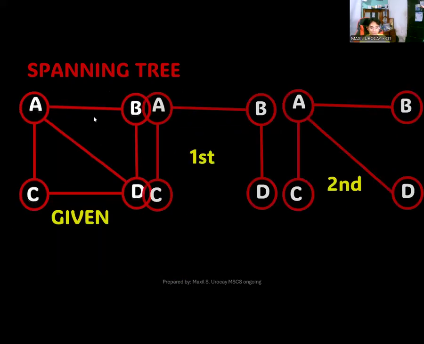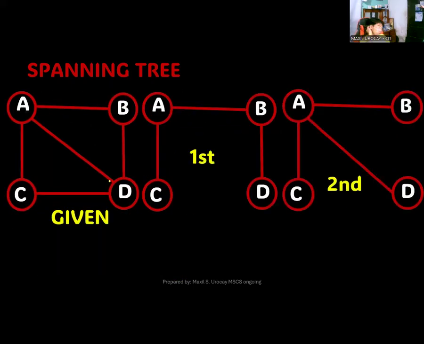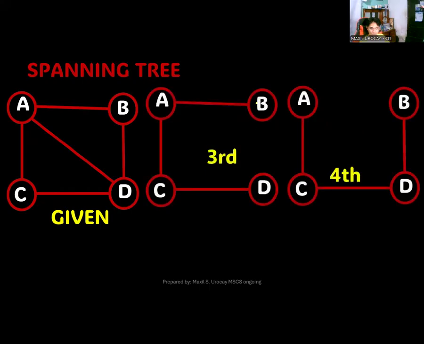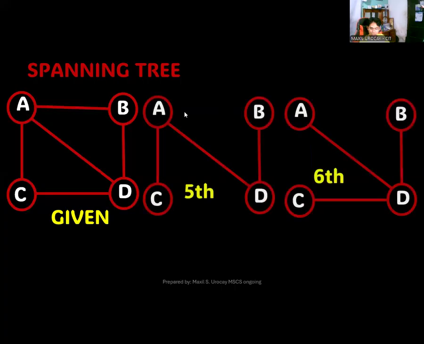We can check the minimum spanning tree later on. But for this particular example, the first spanning tree that we have here is something like that. It could be A to B, B to D, and A to C, or A to C, A to D, and A to B. That's fine. And we also have another here. So third and fourth and fifth and sixth.